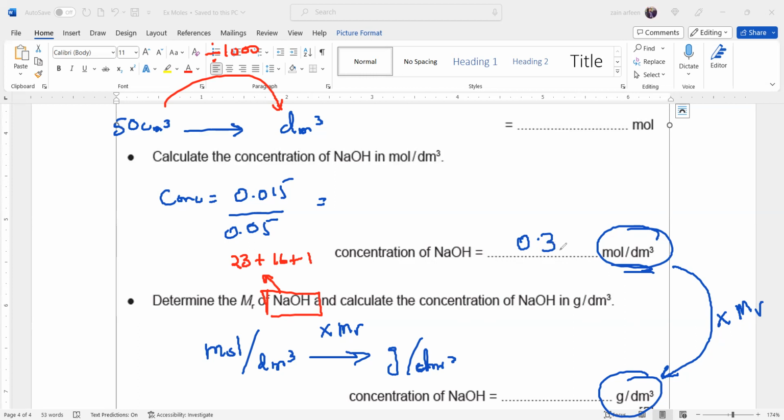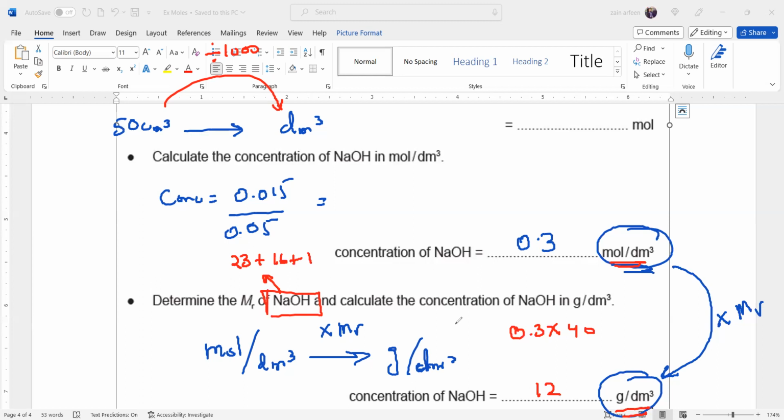So to convert the concentration from moles per dm cube to gram per dm cube, we multiply the concentration in mole per dm cube by the molar mass, which is 40. So 0.3 multiplied by 40, what's the answer? That's equal to 12.